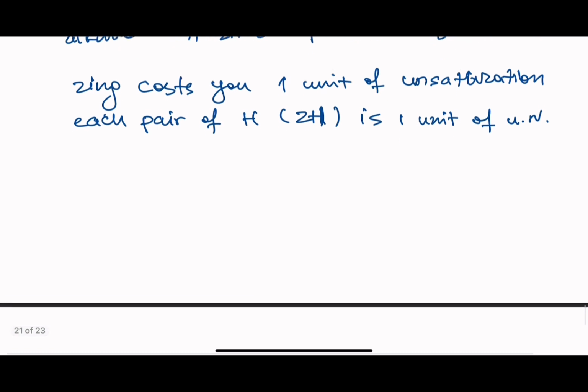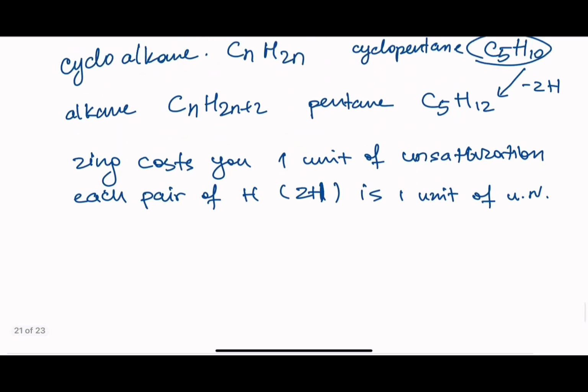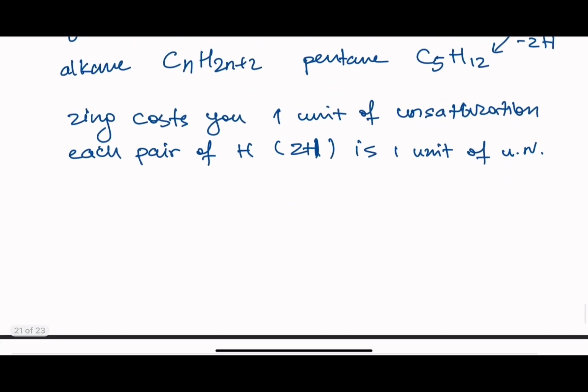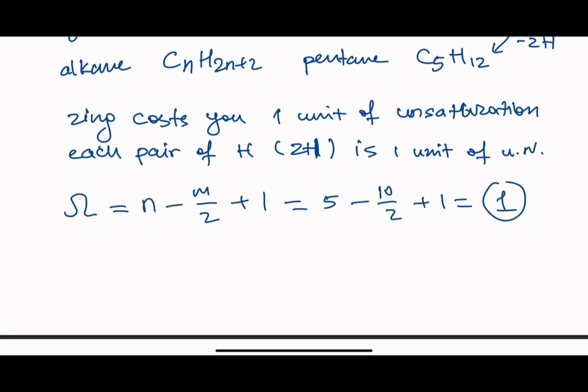So, for example, using the formula C5H10, I'm going to just name number of unsaturation like this. So N minus M over 2 plus 1, again 5 minus 10 over 2 plus 1, this will be 1, right? And then cyclopentane looks like this, right? So this ring is one number of unsaturation.